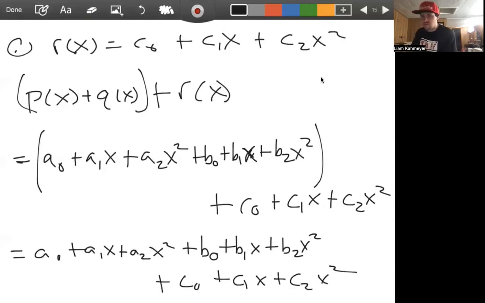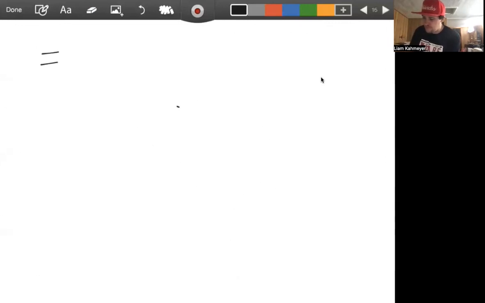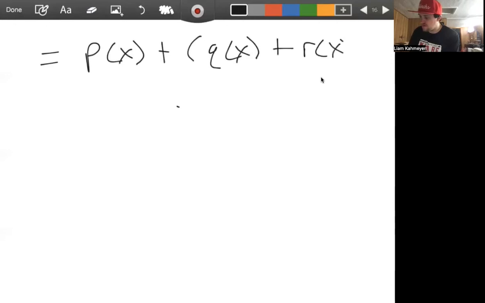And then after this step, you can group the other two. But I'll just go ahead and regroup them here. And then what is that? We see right away that that is equal to P of X and then plus Q of X plus R of X in the different order. So we've shown that it's associative.